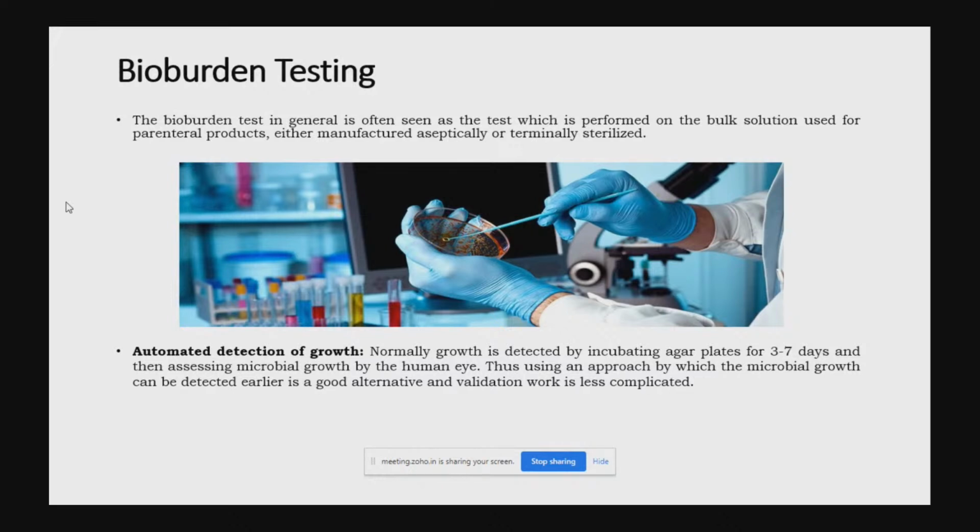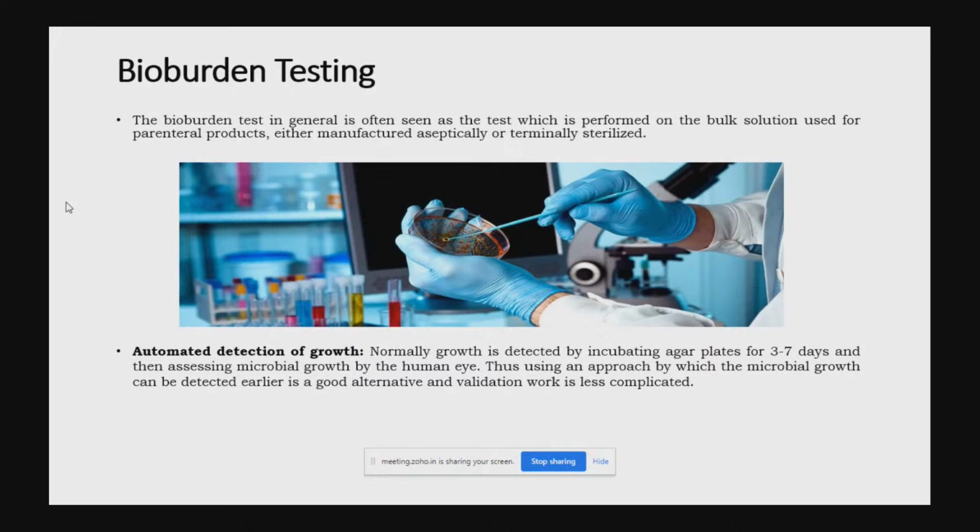We can give 2 incubations here. First of all, 20-25, followed by 30-35. It supports both kinds of microorganisms like fungi as well as bacteria. After completion of the incubation, again we count the number of CFUs, and we can see how much bioburden is present in the bulk solution. So it is the conventional method, and it is generally utilized in all microbiology laboratories.